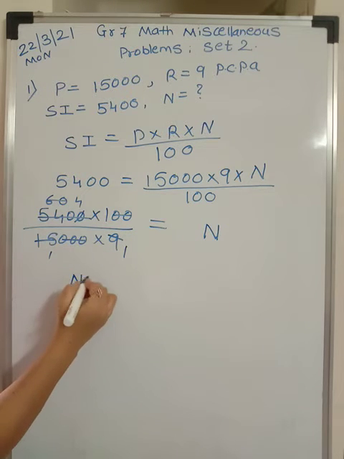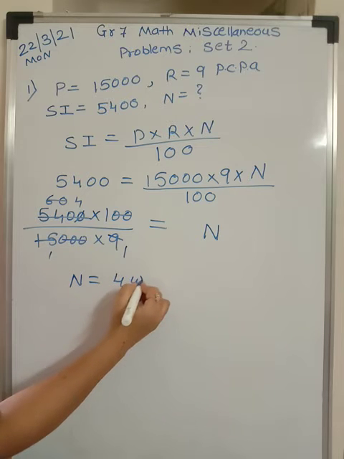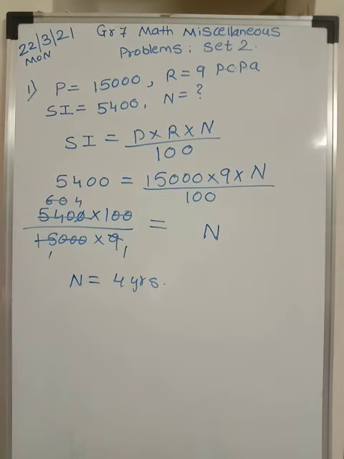So N comes out to be 4 years. Have you understood? Okay. So simple interest is given. Therefore, please use the formula for simple interest, that is PNR upon 100 or PRN upon 100. Anything here it is multiplication, so it doesn't matter. Okay. Is this clear?